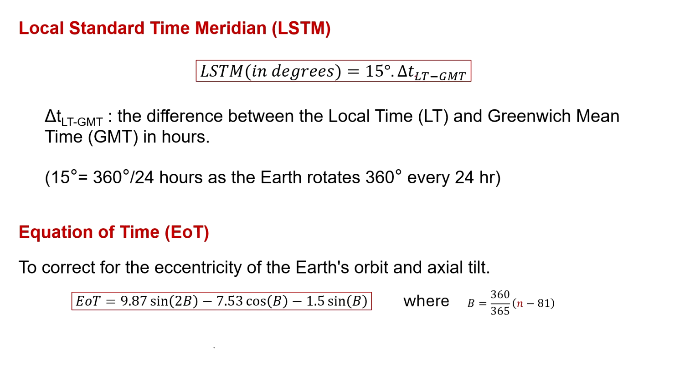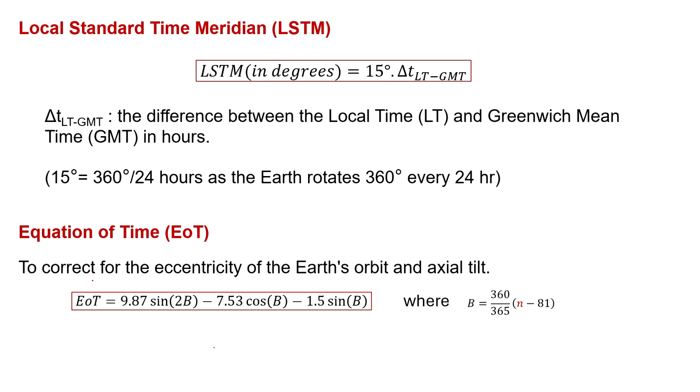LT is the local time and GMT is the Greenwich Mean Time. So this difference, 5.5 hours for India, multiplied by 15 degrees will give you the LSTM, the local standard time meridian.